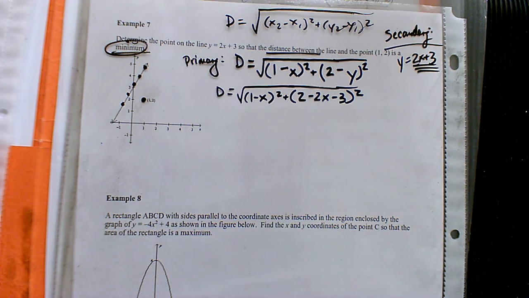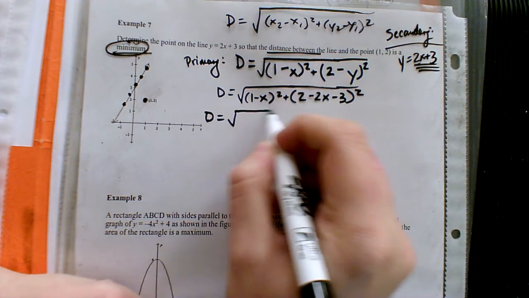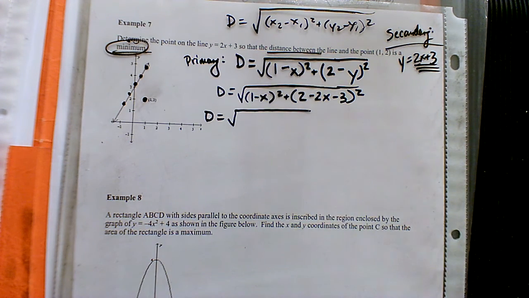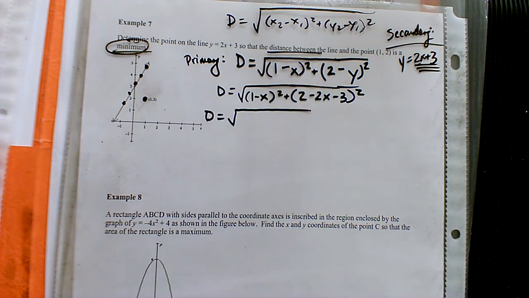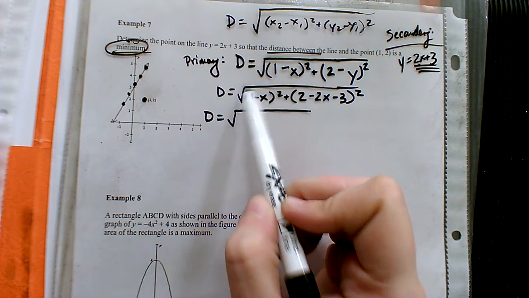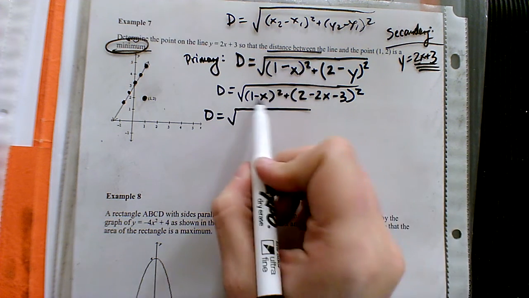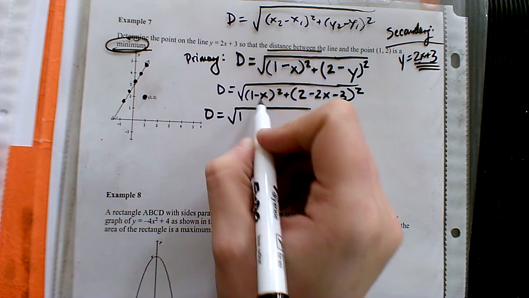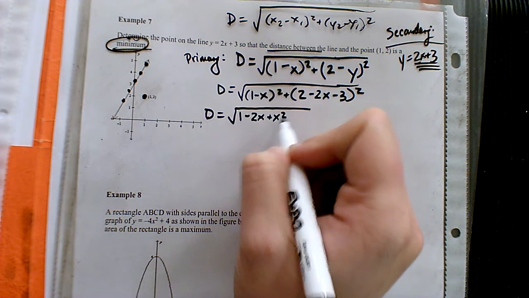Alright, so now we have the one equation. Maybe we'll clean it up first before we actually take a derivative. I don't really want to do a chain within a chain. Do you see how that would be the case here? Because we have a square root, but then we have chains on the inside. I really don't want to do that. So I'm going to expand everything on the inside. This would be 1 minus 2x plus x squared.